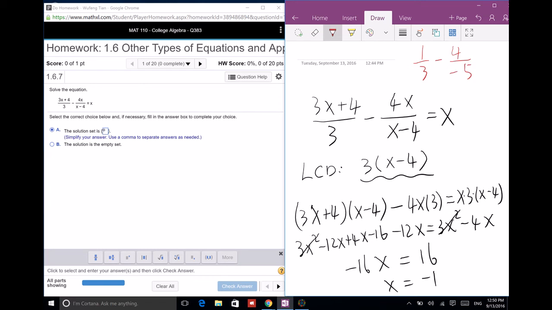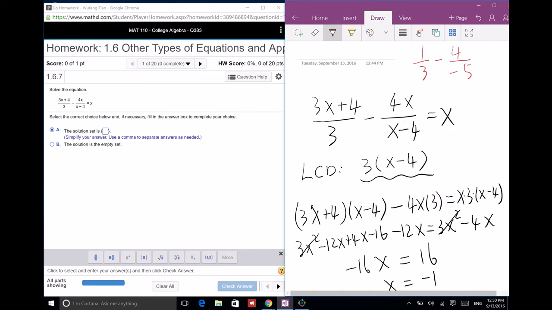So 3x times 3x minus 4 is 3x squared minus 12x plus 4x minus 16, and minus 12x equals 3x. Oh, my bad, I did something wrong here.